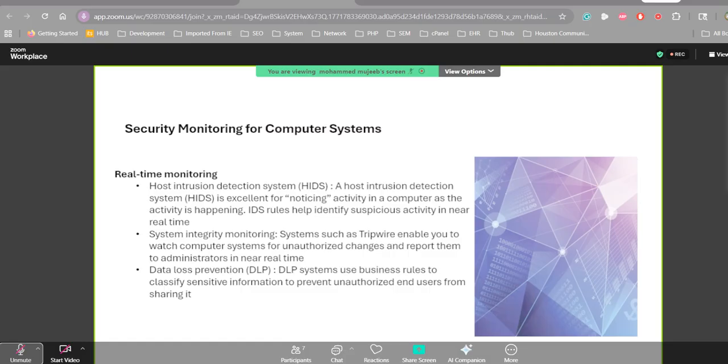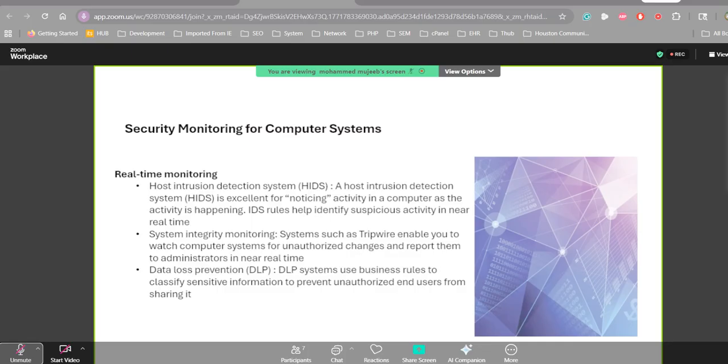I'm pretty sure that most companies use either IDS, either host, or what's the other one? IPS, yes. Very good.